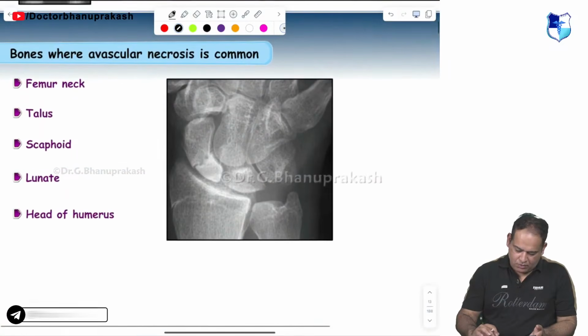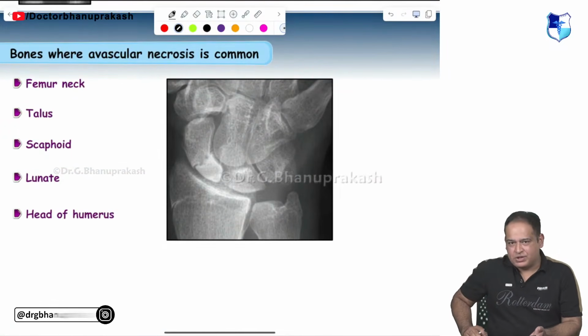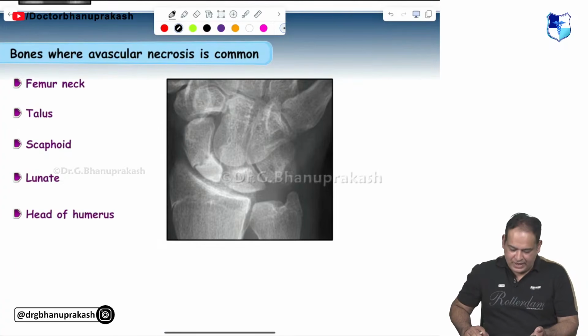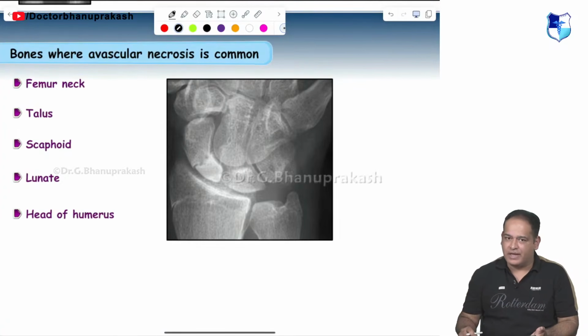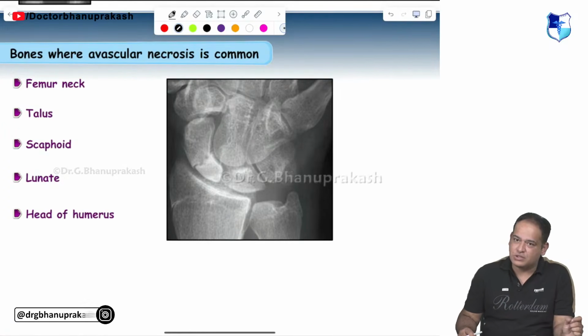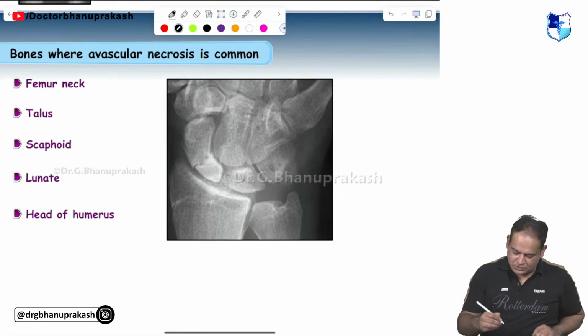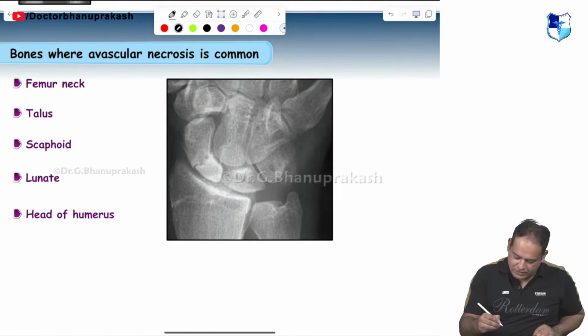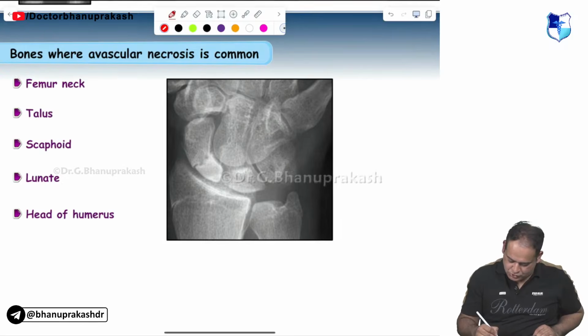Okay. Now, the next complication of a fracture which we have to read is avascular necrosis. Bones where avascular necrosis is common. So as you can see, what is this image showing you?